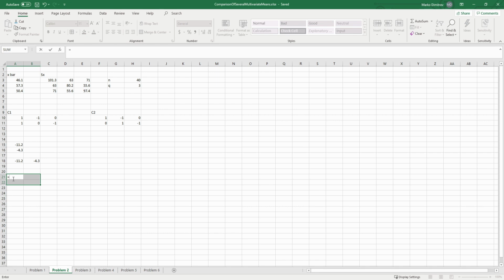Again, you need to see how many matrices you multiply. You multiply 3. So the matrix inverse of the matrix multiplication. So what are we multiplying? It is C, so in our case C1, then our S, and in the end the transpose of C1. Basically what we just did, the same.